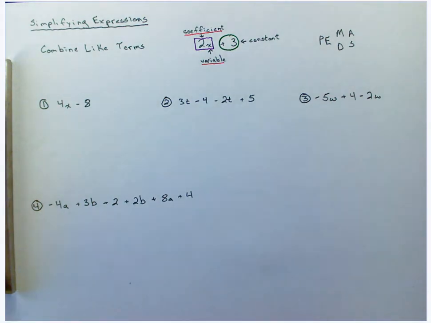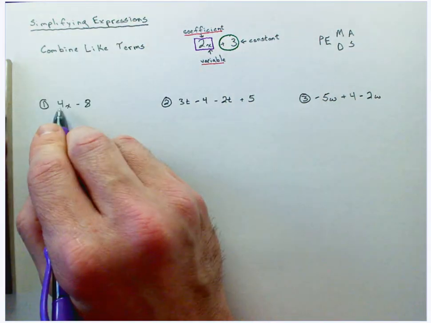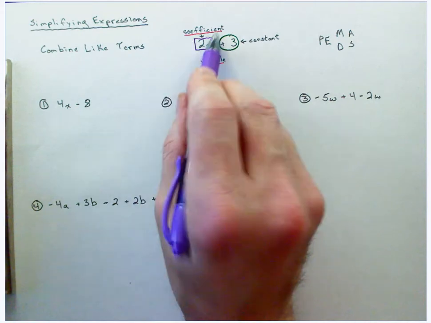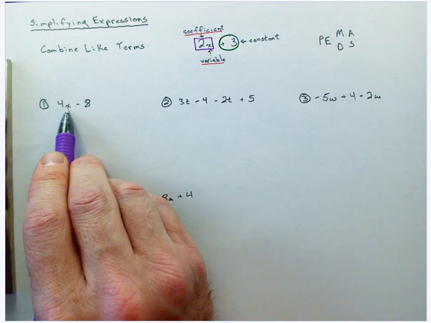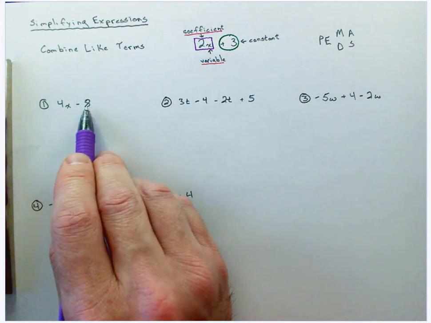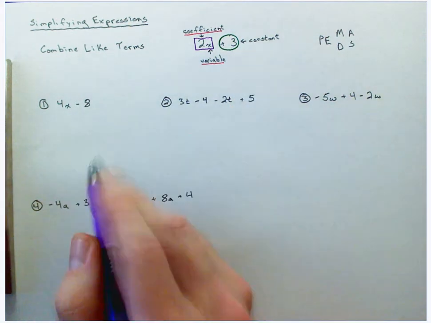Let's look at some problems. For the first problem, the 4 is known as a coefficient. The x is known as a variable, and the -8 is called a constant. Very good.